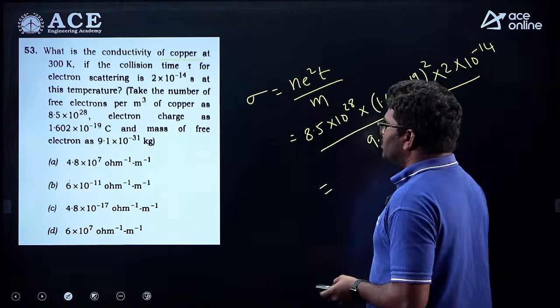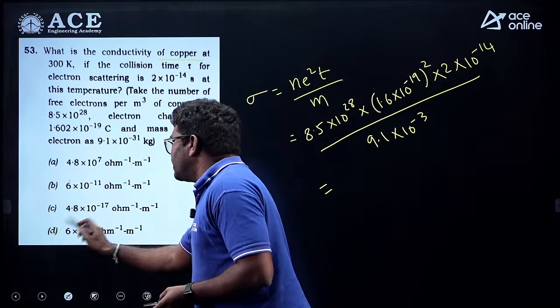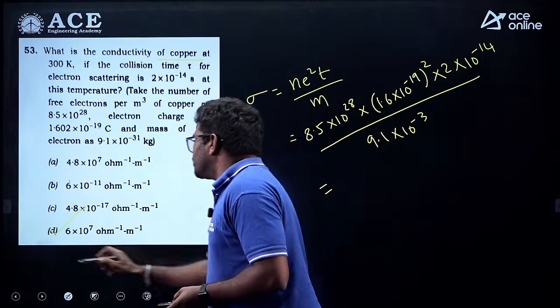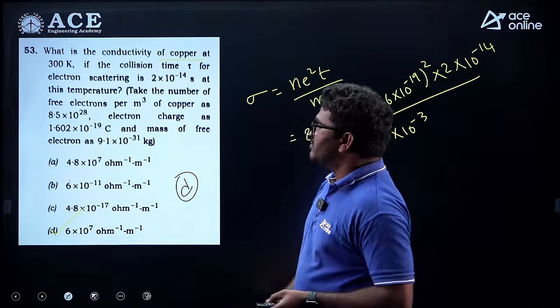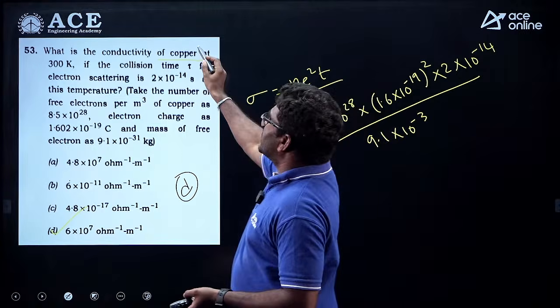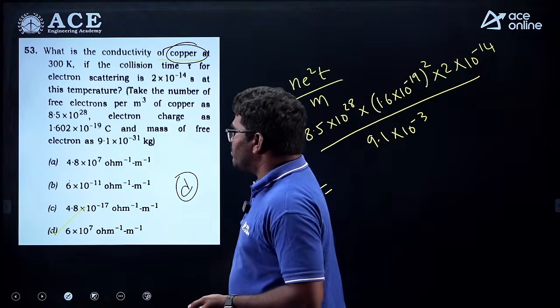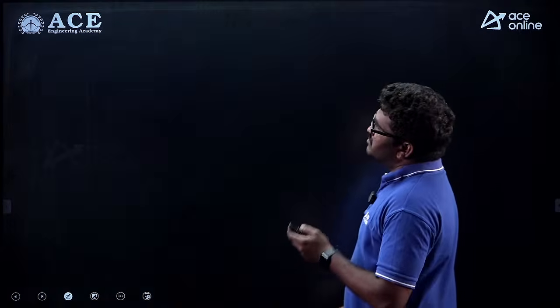If you solve this question, you will directly get option D. D is the correct option for this question. Otherwise, you can remember the electrical conductivity of copper is 6 into 10 power 7 ohm meter inverse.